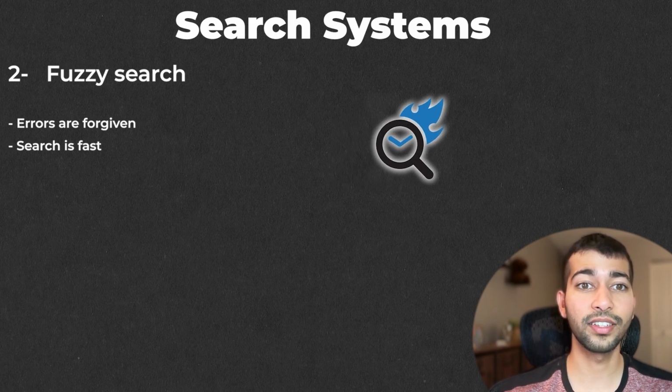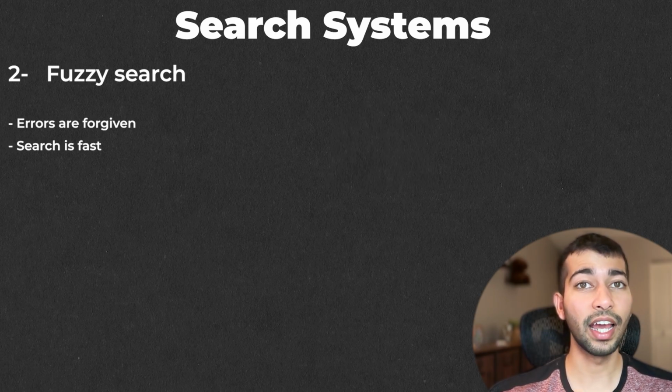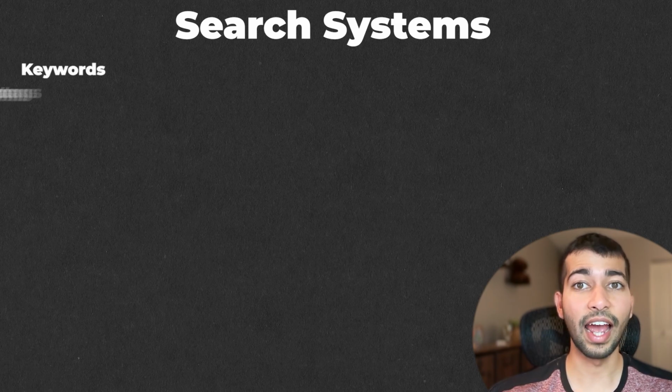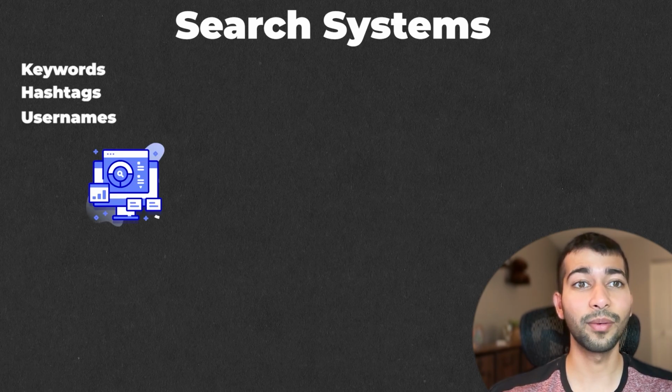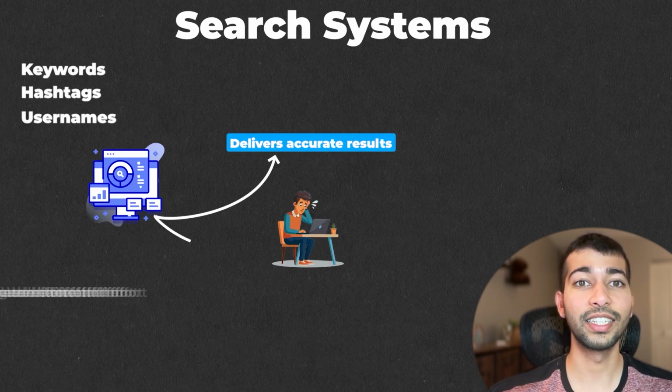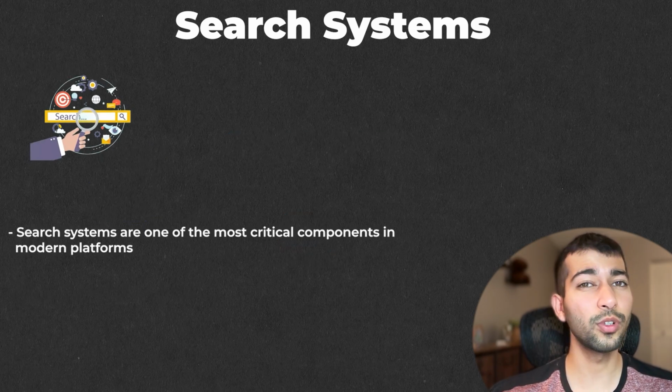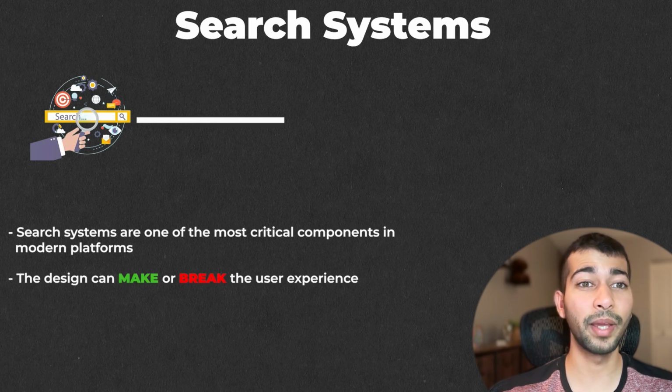Search is fast, results are shown quickly, helping users find what they need without frustration. And thirdly, content is relevant. So whether it's a keyword, hashtag, or username, the system delivers accurate results, saving users time and effort.